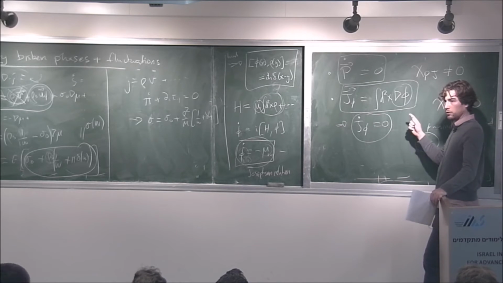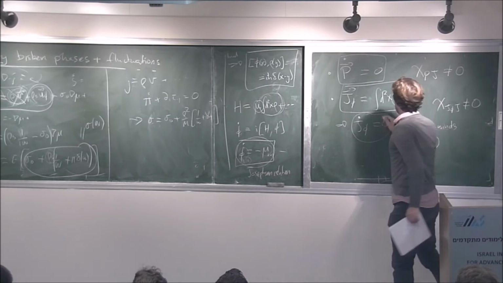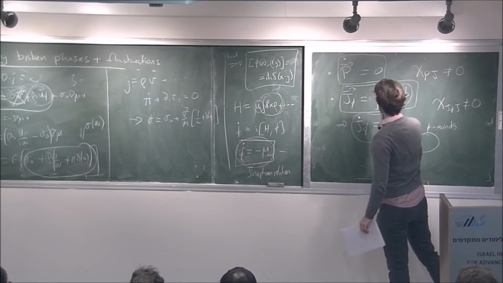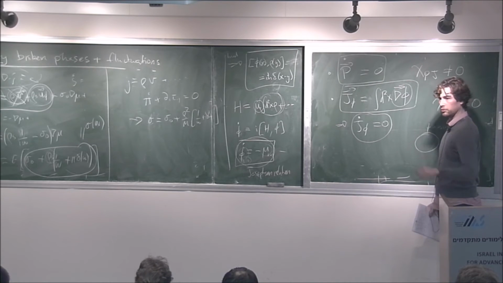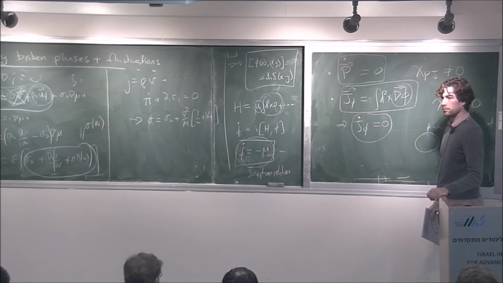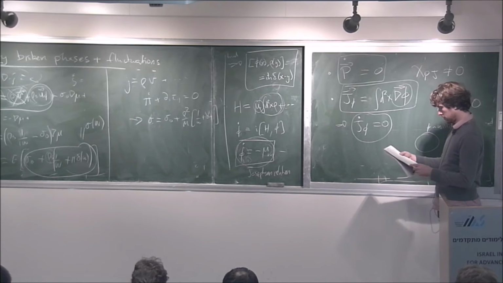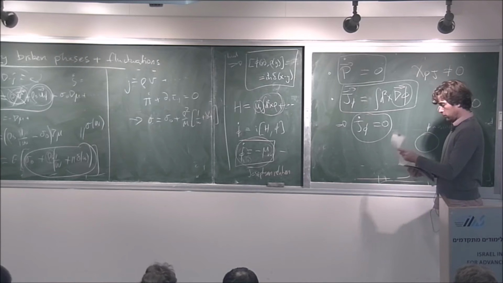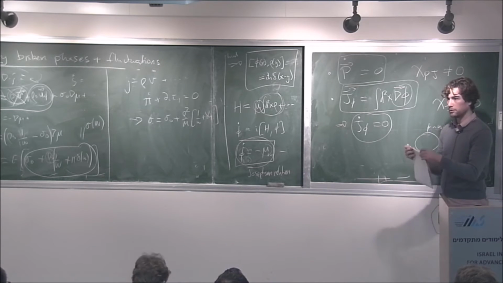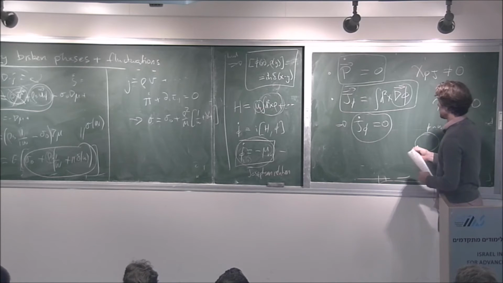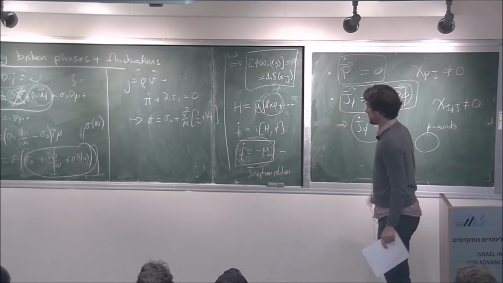This is a vector and this is a vector too, so you can have supercurrent in the two different directions. All of this is in Landau-Lifshitz and probably many other places, at least most of it.